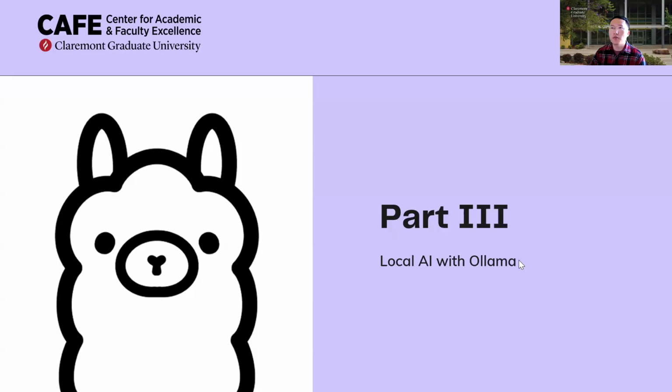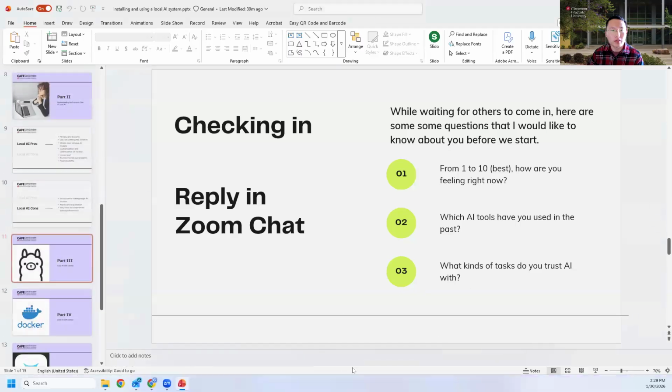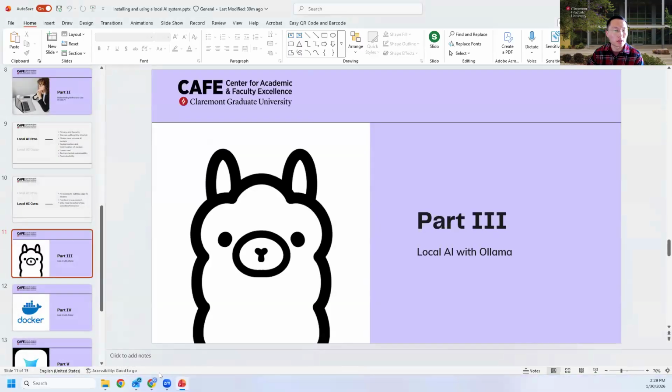Ollama is software that can host local AI models and provide a very simple, user-friendly interface that is very similar to the experience of using ChatGPT. I will show you how to download it first, and then show you what you can do after you have downloaded the software.